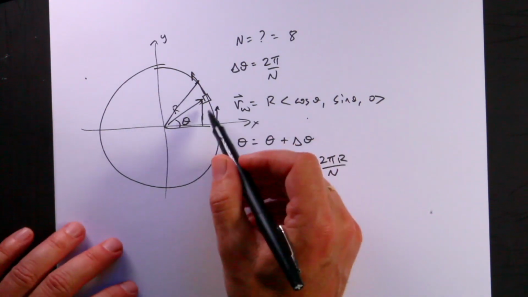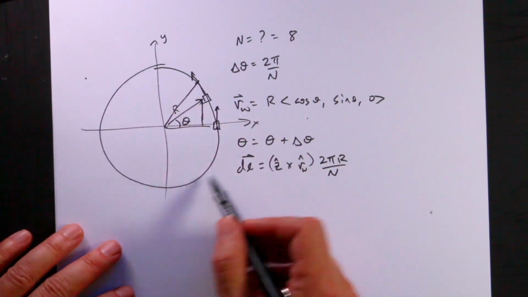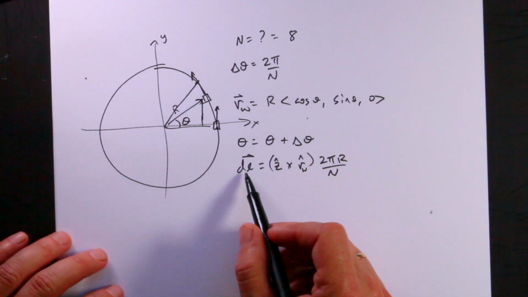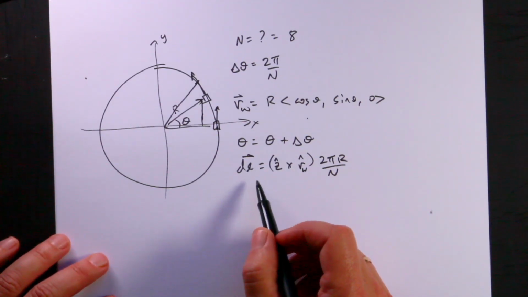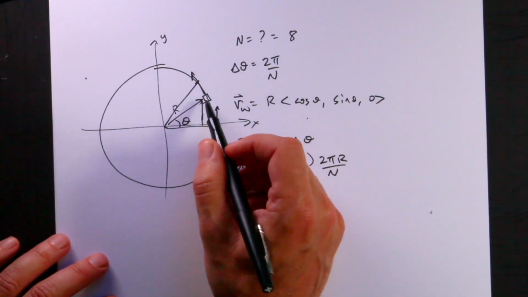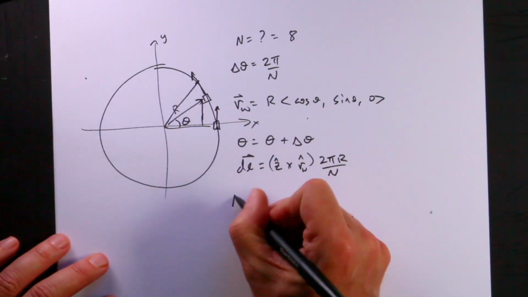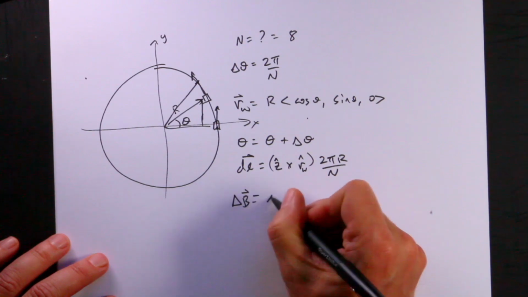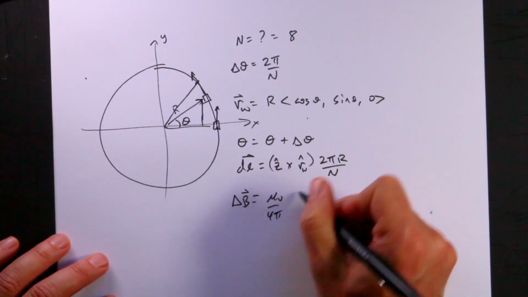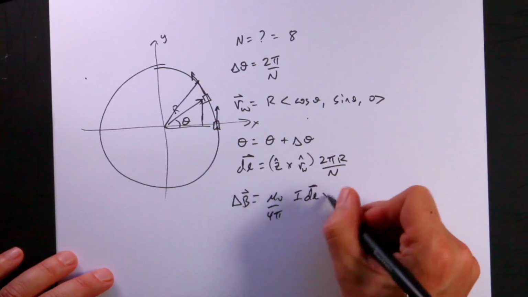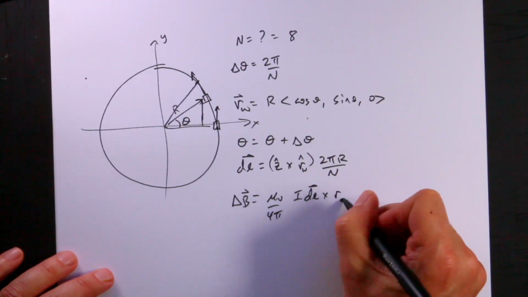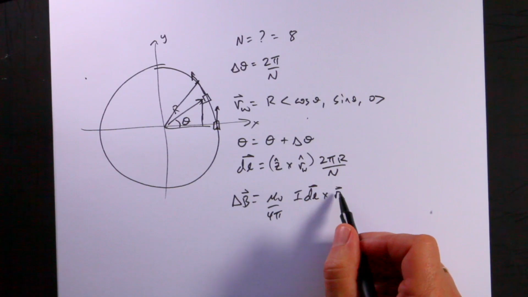So now I can make my wire out of all these pieces, and they all need a direction for the wire. Then I can calculate the magnetic field due to each piece using delta B equals mu naught over 4 pi, I dL vector cross the vector from the wire to the observation location, divided by R cubed.